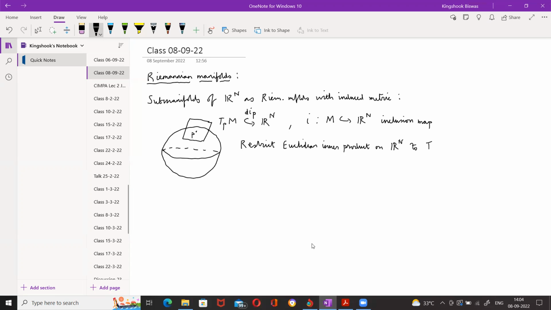And this we saw defines a smooth Riemannian metric on M. And so once you have a Riemannian metric, you can measure lengths of curves. And once you can measure lengths of curves, it's natural to ask what are the shortest length curves between 2 points, say P and Q.